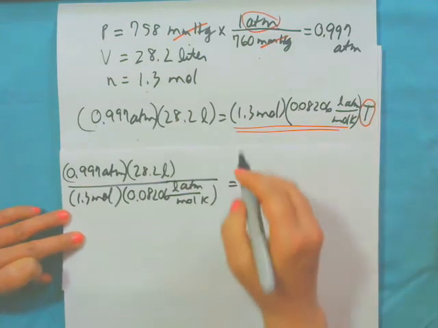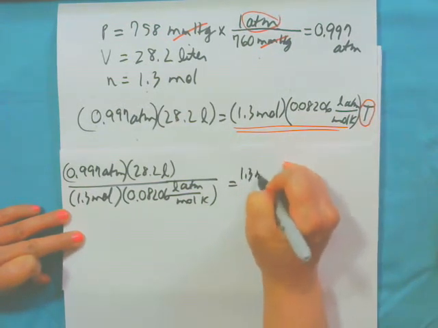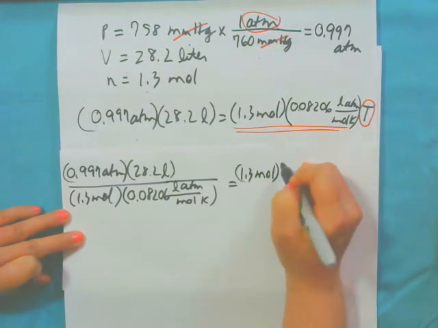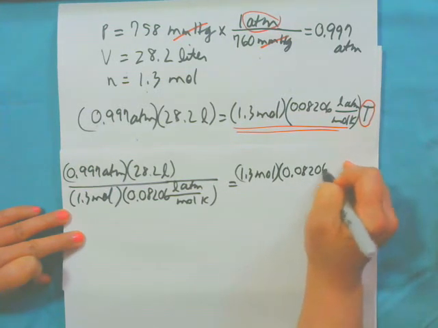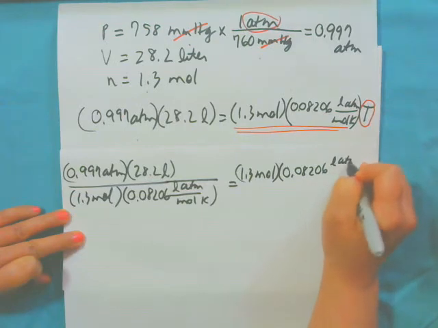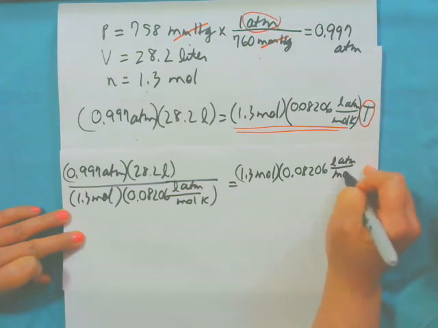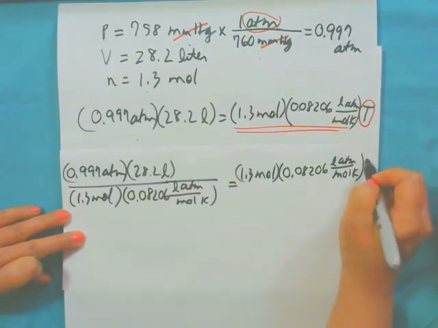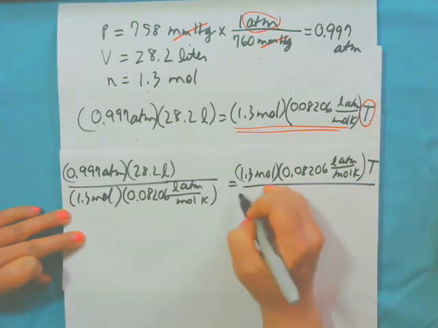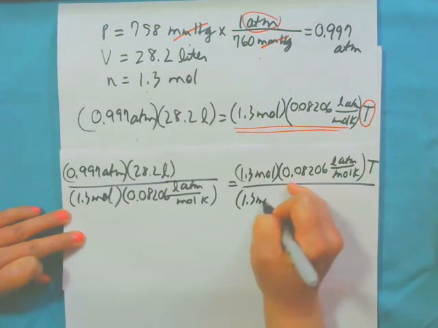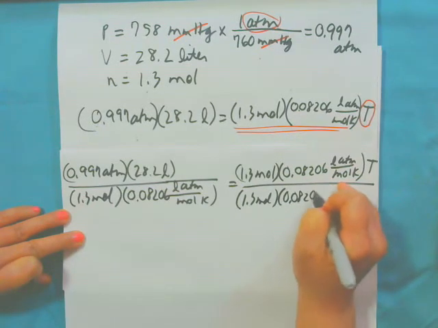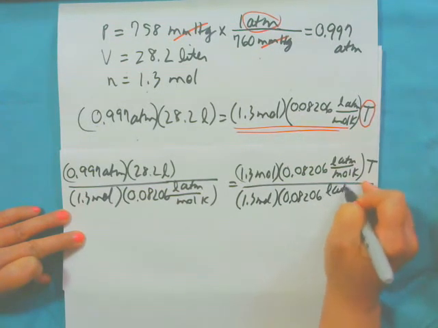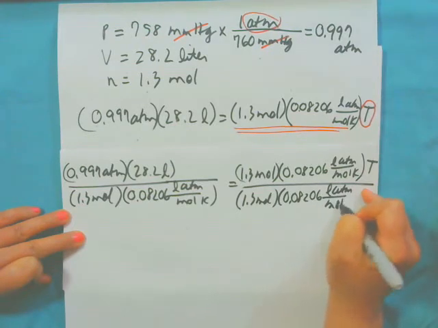And then my other side of the equation is going to be 1.3 mole times 0.08206 liter atmosphere per mole Kelvin times T divided by 1.3 mole times 0.08206 liter atmosphere per mole Kelvin.